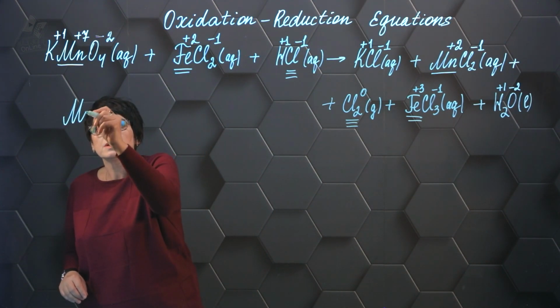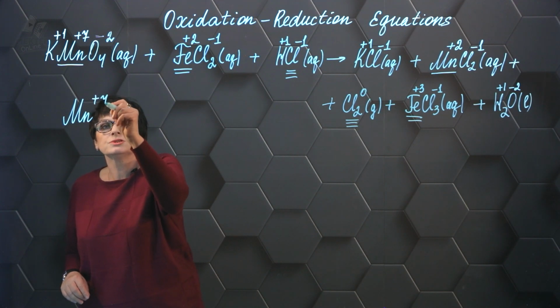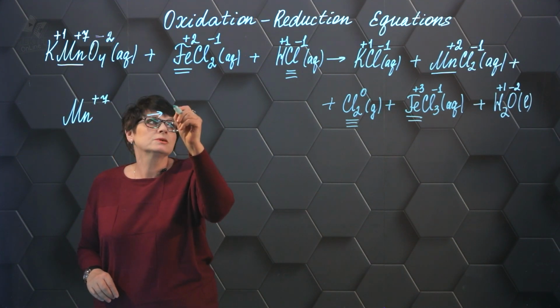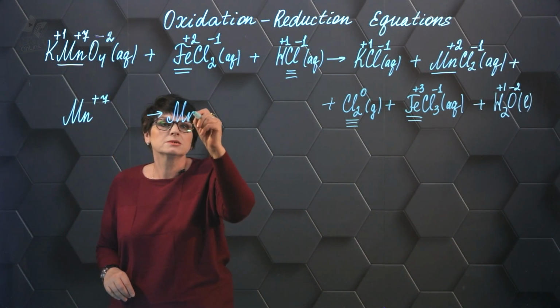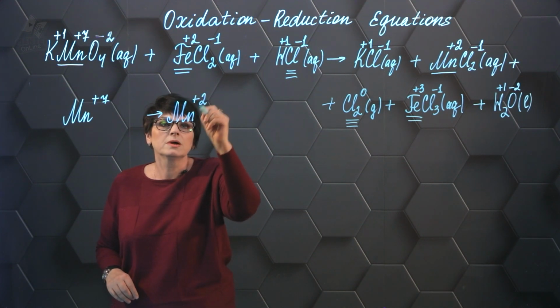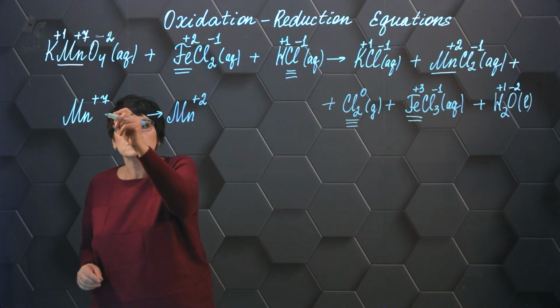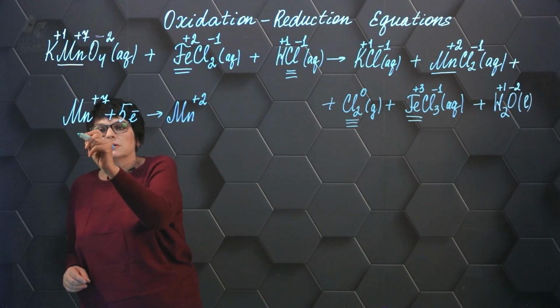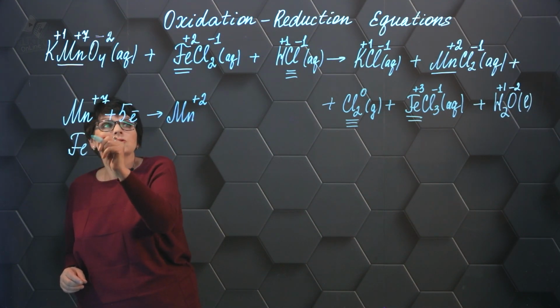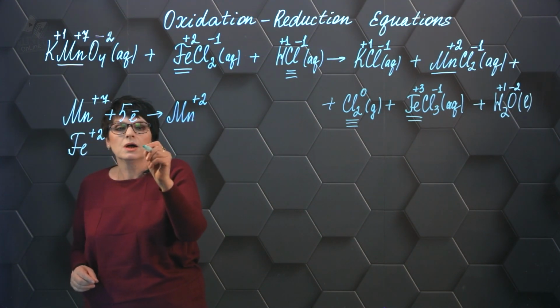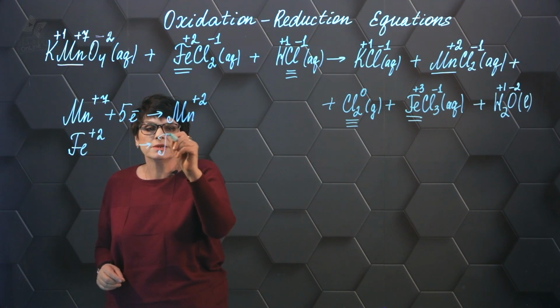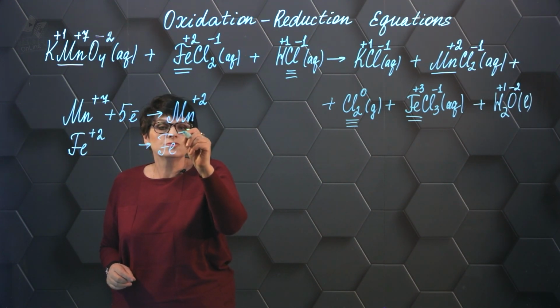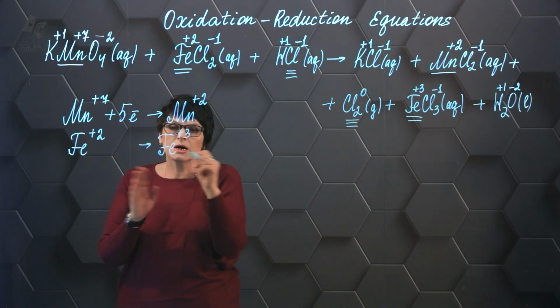Next. Manganese from +7 goes to manganese +2. Manganese will accept 5 electrons. Iron from +2 goes to iron +3, gives up 1 electron.